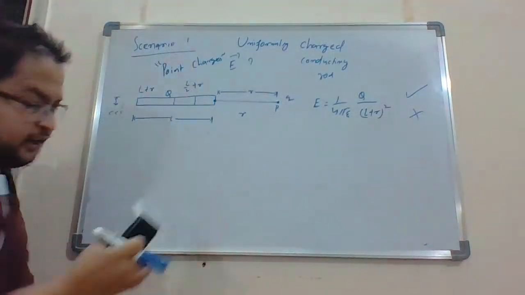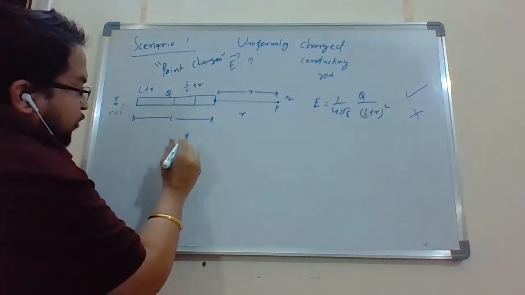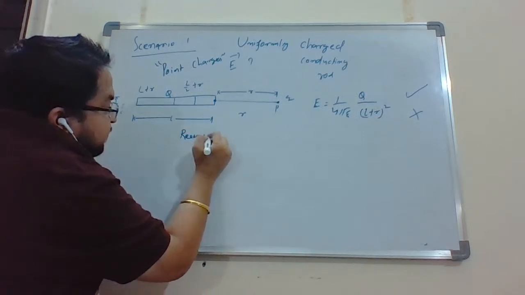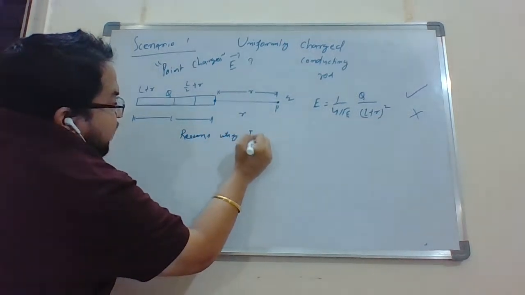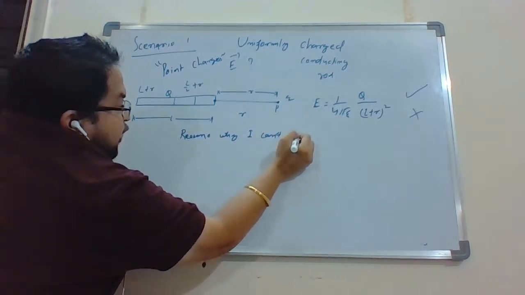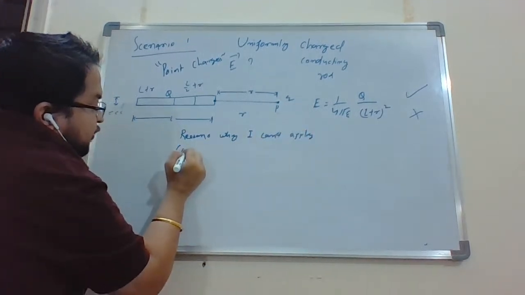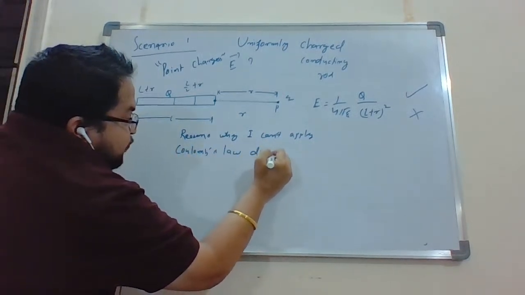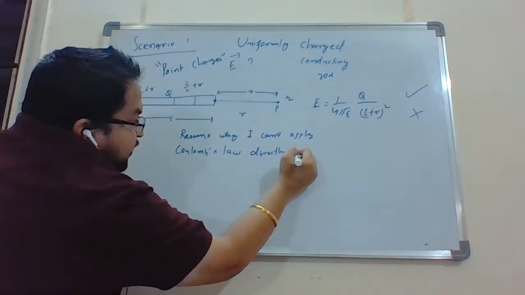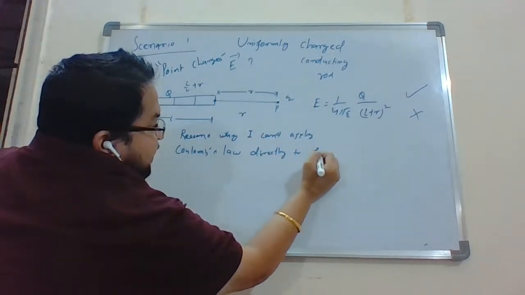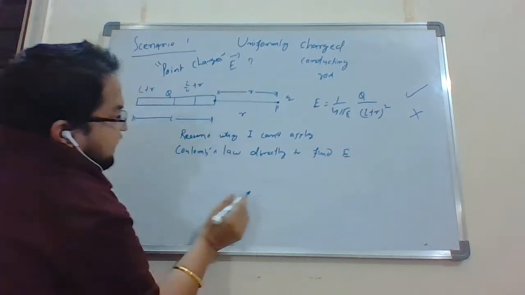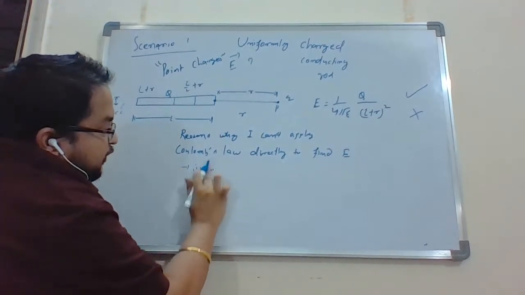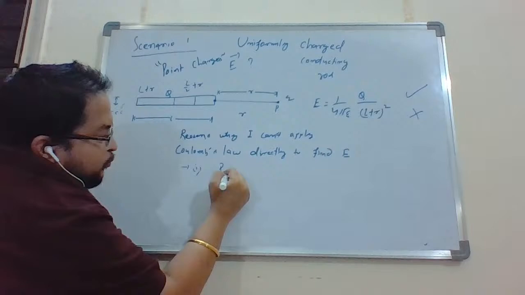And as I said, what are the problems? I'm noting it down here. If you want, you can note it down. So the reasons why I can't apply Coulomb's law directly to find electric field intensity E, right? First thing is Coulomb's law is defined only for point charges.